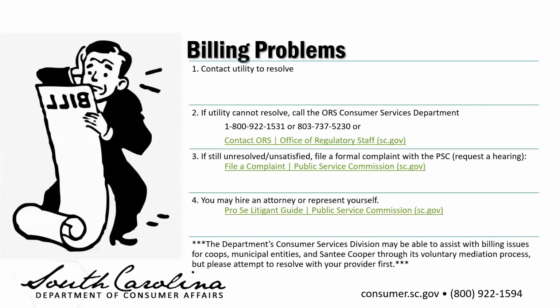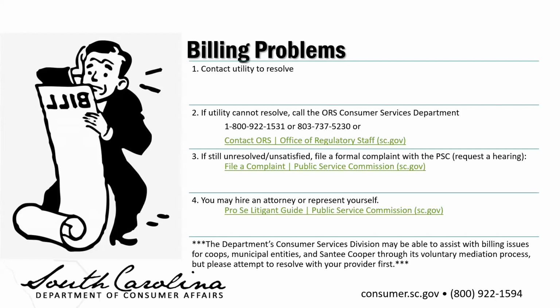So for starters, I just want to point out this billing problem slide and your steps if you have a billing issue. Your first step is always going to be to contact the utility. If the utility can't help you, call ORS, Consumer Services Department. If it's still unresolved and unsatisfactory, you can file a formal complaint with the Public Service Commission.